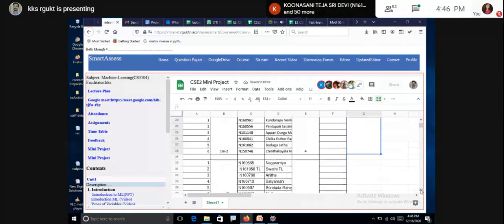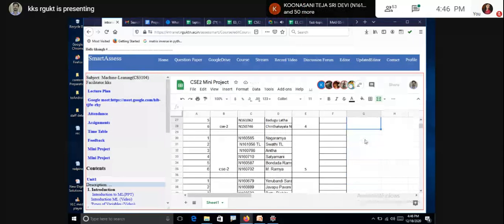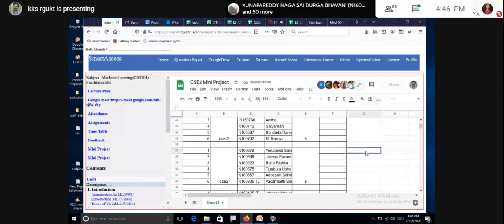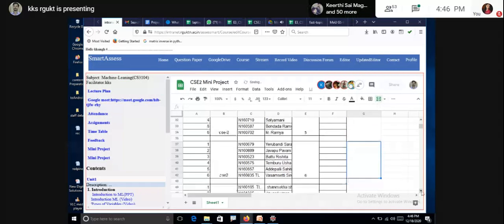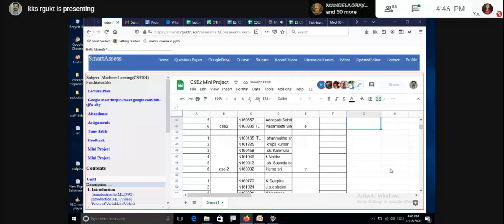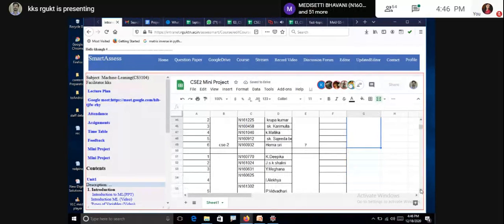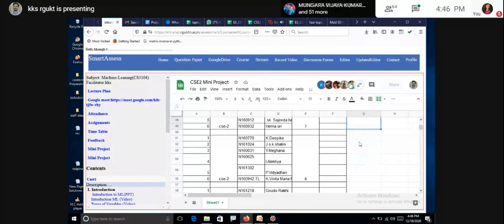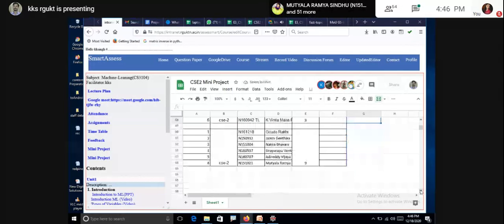Team 1, have you decided the project? In one team, 5, 6, 7 students are there.